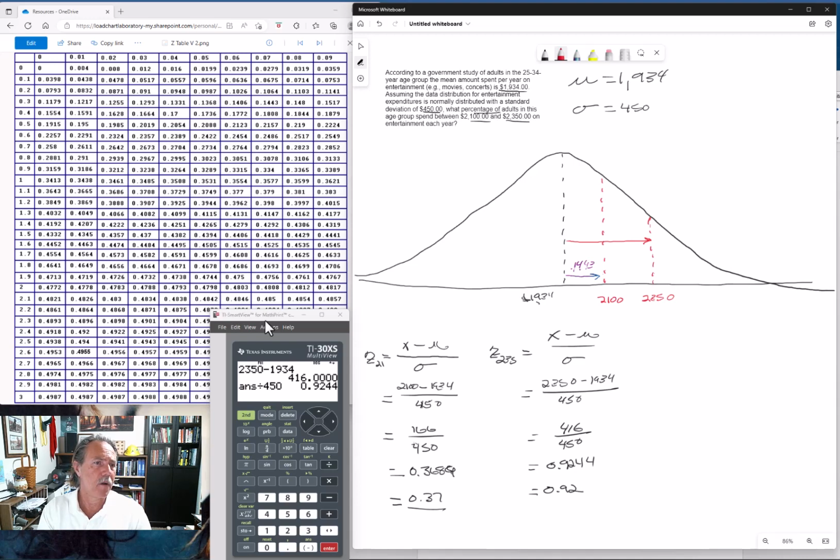And there it is right there, 0.3212. Okay. And again, that 0.3212, that's the area between the mean of the distribution and a score or a value of $2,350. Again, we're interested in this area here.